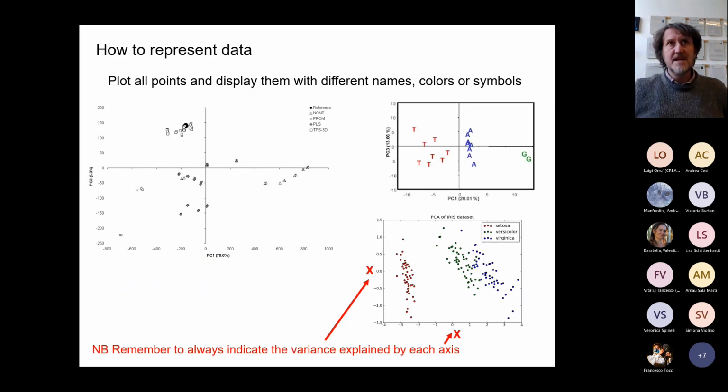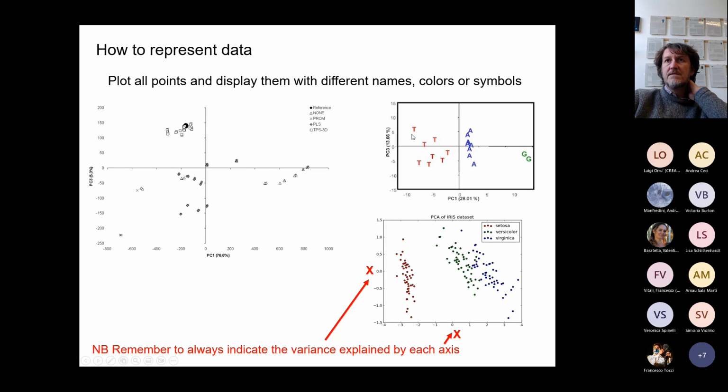So how to represent data? In the example before, we have seen a biplot, so a representation with dots and labels. Here we have a very easy representation. This is not a biplot, but a simple score and PC axis variance plot using different symbols.